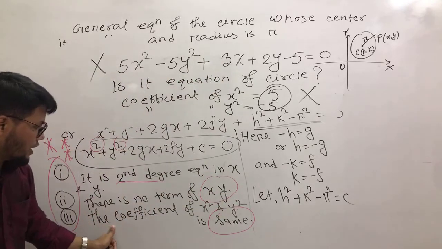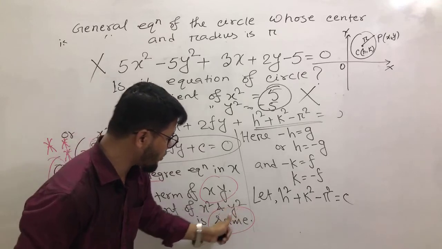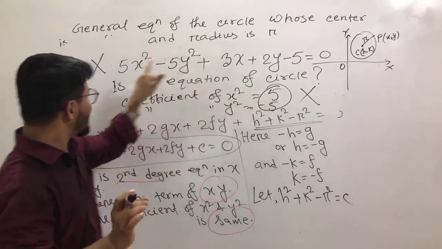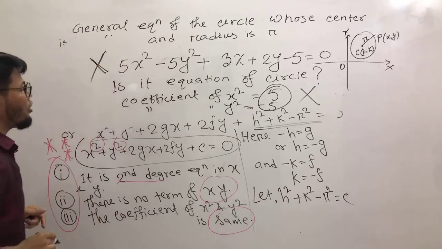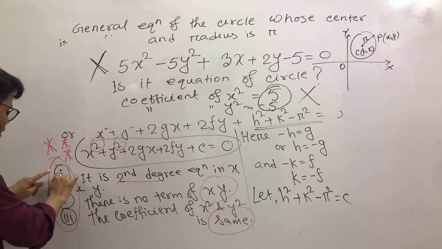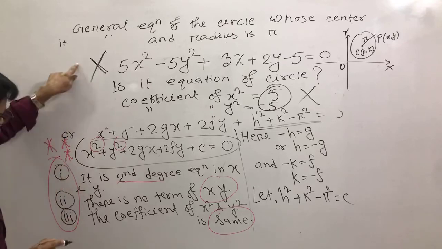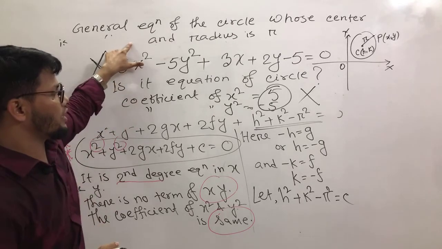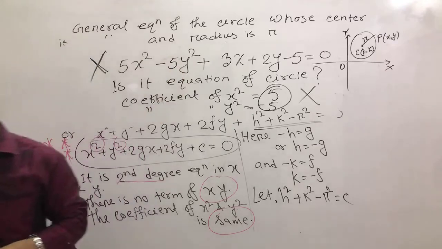But the third condition, that the coefficients of x square and y square are the same, is not met. The first characteristic is okay, the second is okay, and the third is not okay. That's why this is not the equation of a circle.